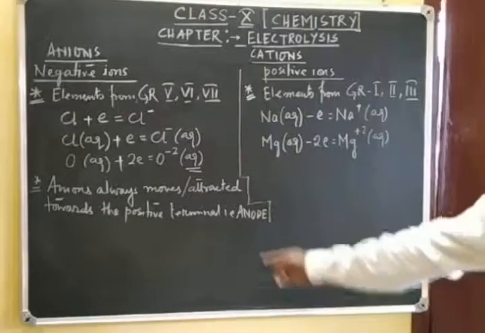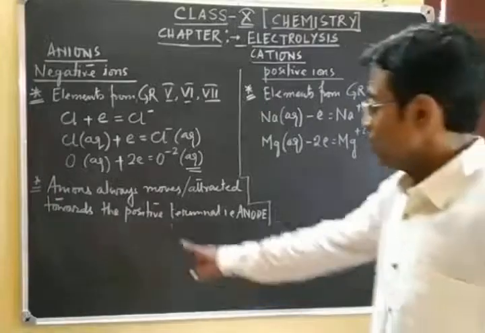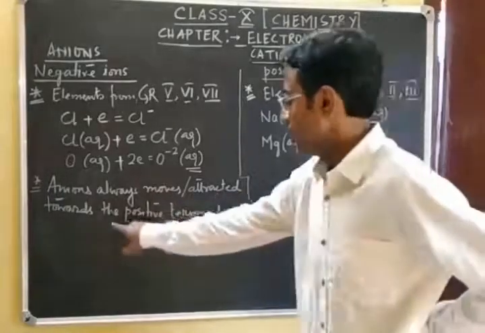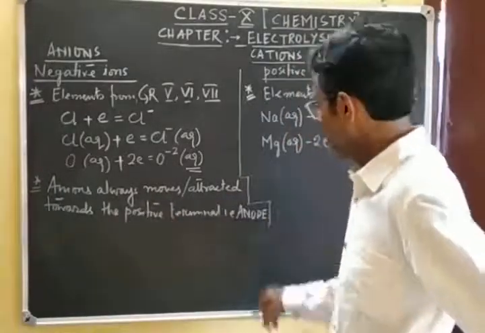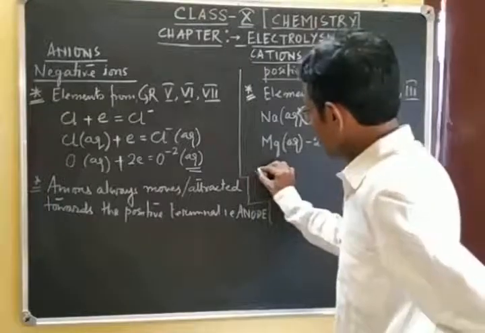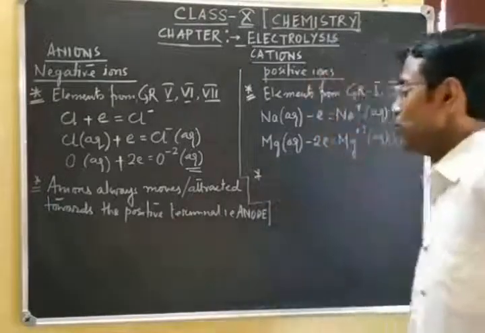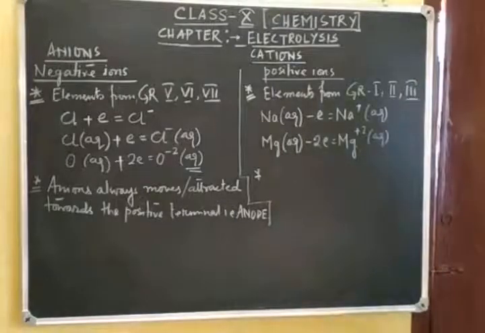So the last point, anions are always attracted towards the positive terminal, that is anode, and conversely we can say cations are always attracted towards the negative terminal, that is called cathode.